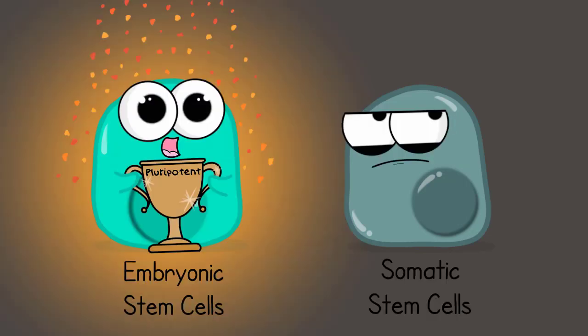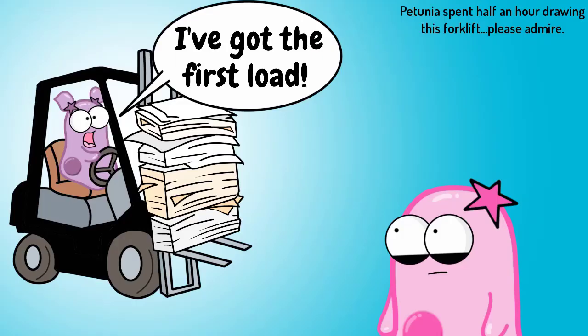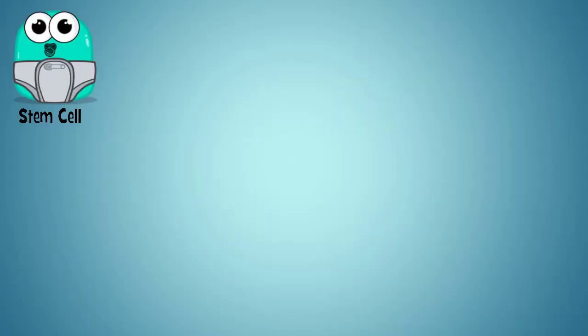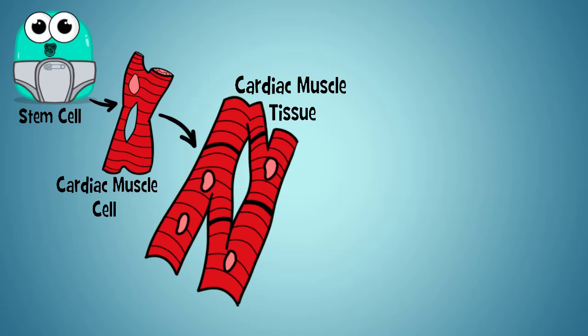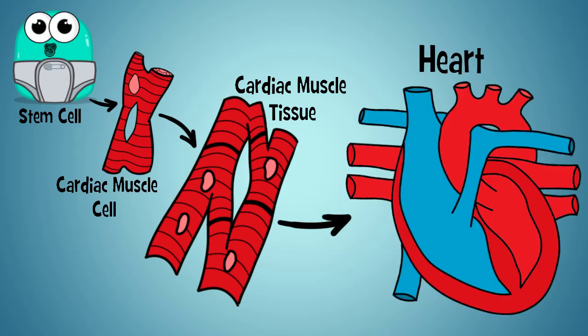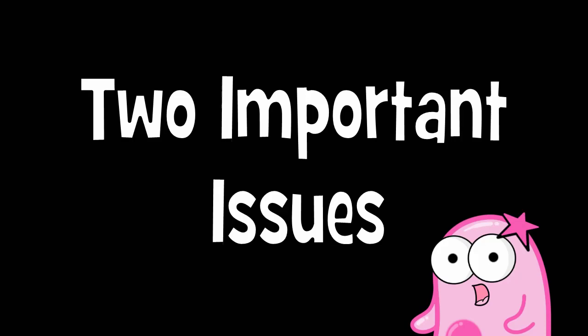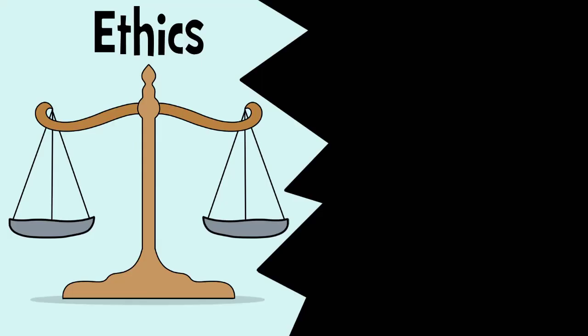So after talking about these stem cells, why the heavy focus on them right now in research? Well, one reason, of many, is that these cells have the ability to differentiate into other cells, and therefore they could be used to help regenerate organs or tissues that are damaged from a disease or an accident. There are two important issues to consider, however. One is the ethical issue, especially if considering embryonic stem cells.